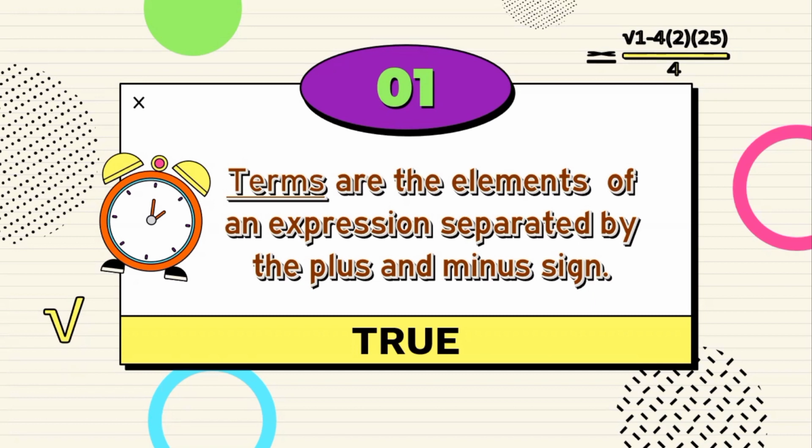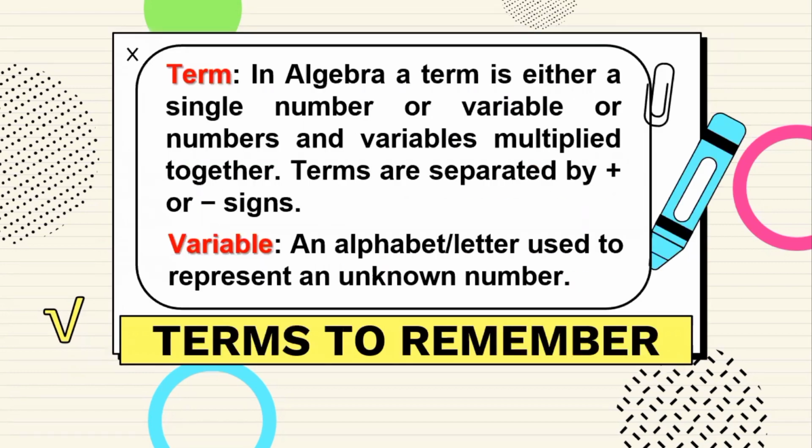Because let us try to recall now. The underlined word there is terms. Okay? Let us try to recall. When we say term in algebra, a term is either a single number or variable, or numbers and variables multiplied together. And it says here, terms are separated by plus or minus signs. If you can still recall, during our discussions, polynomials or expressions are made up of terms.